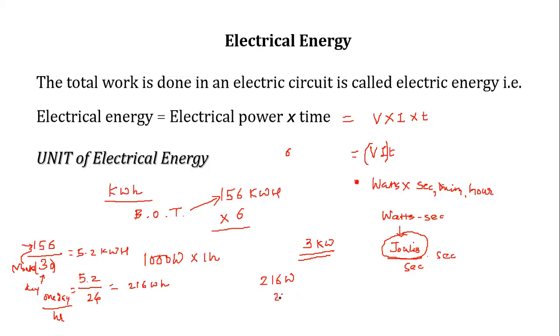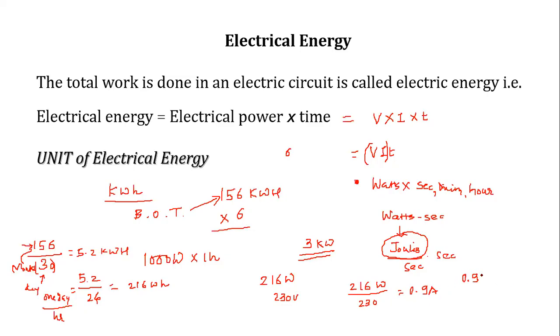He is getting 230 volt, right? So if I divide 216 watt by 230 volt, the supply we are getting, how much will the current be? That gives you 0.9 ampere, right?